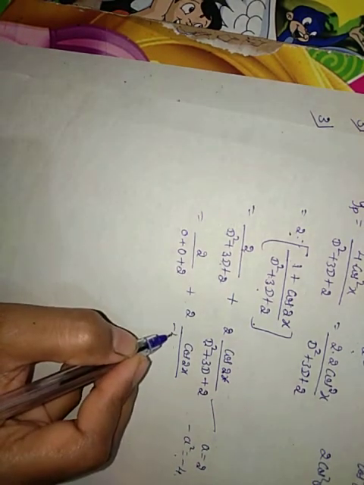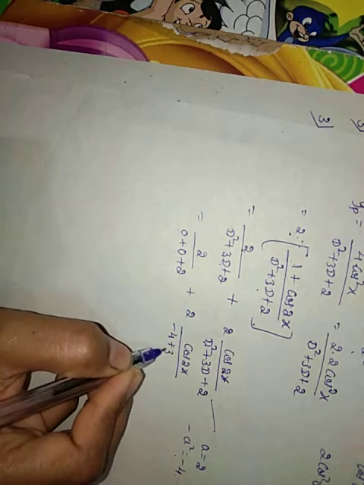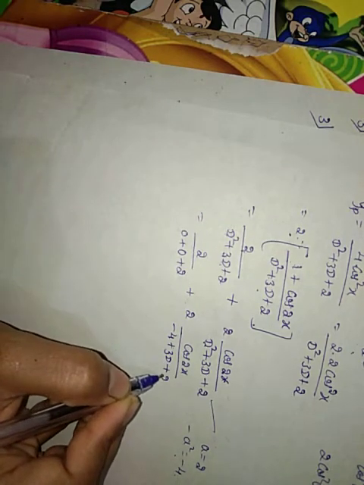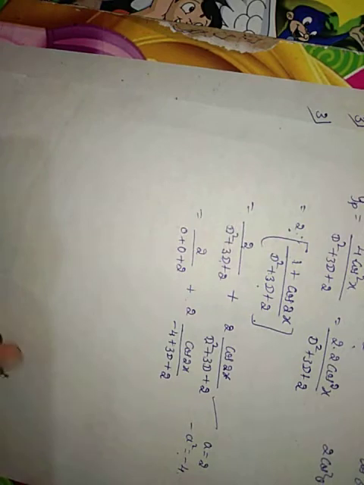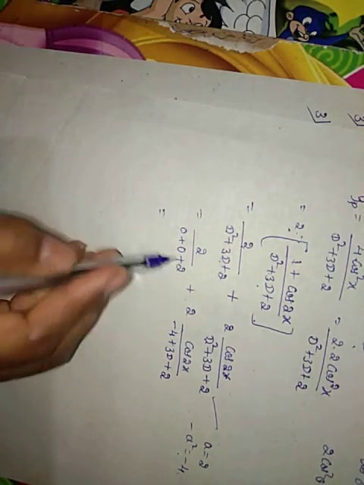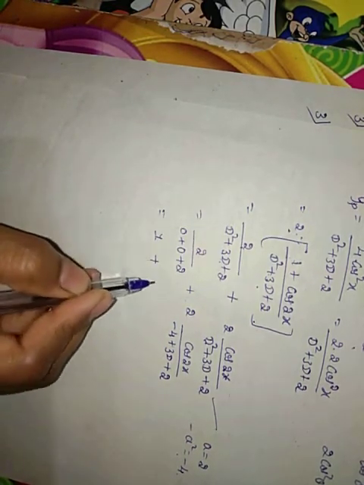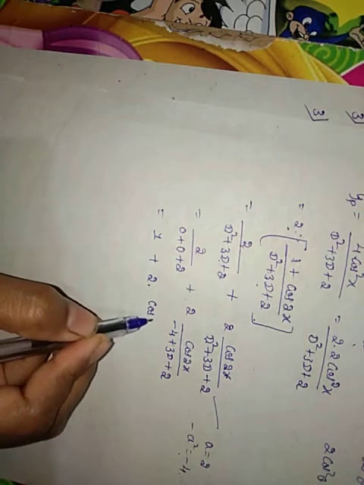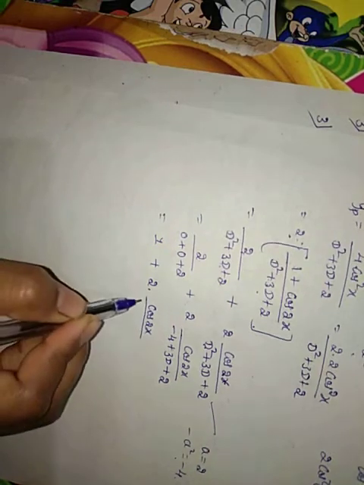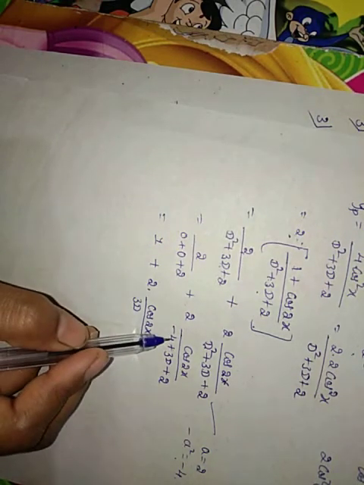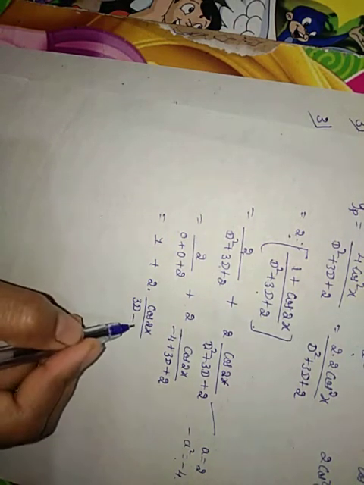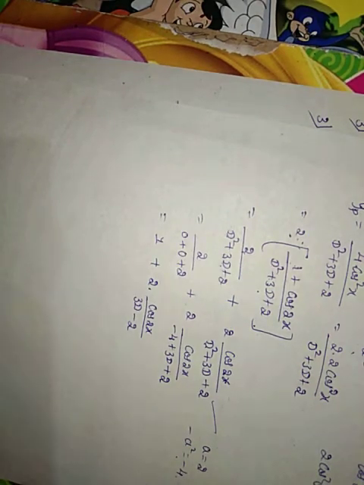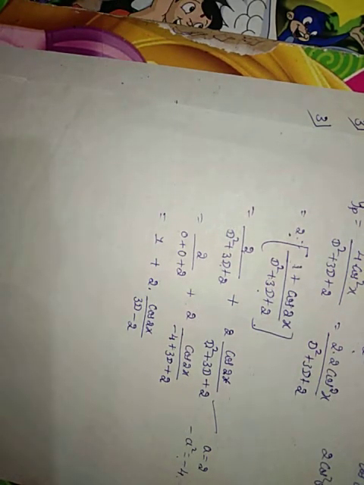Replace D square by minus 4. Minus 4 plus 3D plus 2. That is 2 by 2 is 1, plus 2 into cos 2x divided by 3D minus 4 plus 2, minus 2. So cos 2x divided by 3D minus 2 is our function.